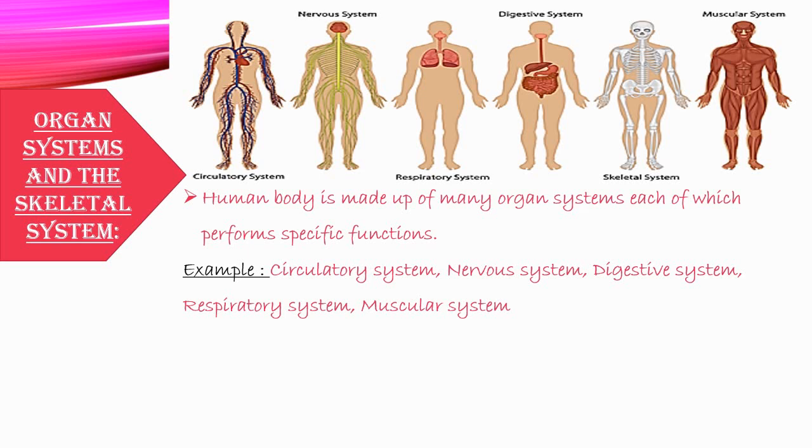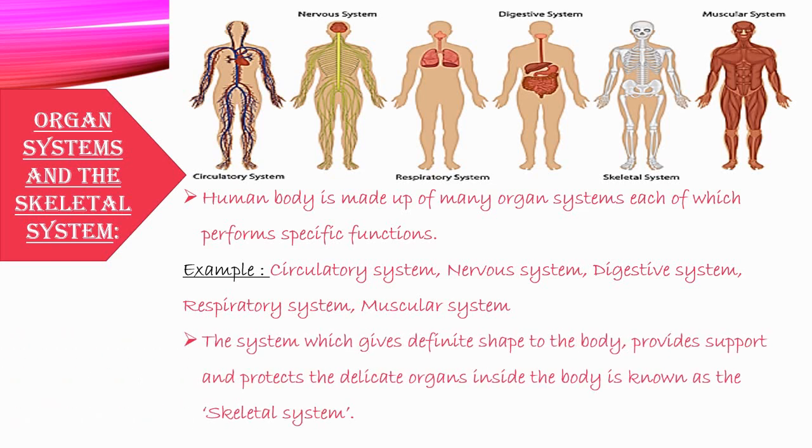Then we have the muscular system. It is responsible for movement. Nearly all movement in the body is a result of muscle contraction. So amongst the many organ systems present, the system which gives definite shape to the body, provides support and protects the delicate organs inside the body is known as the skeletal system.